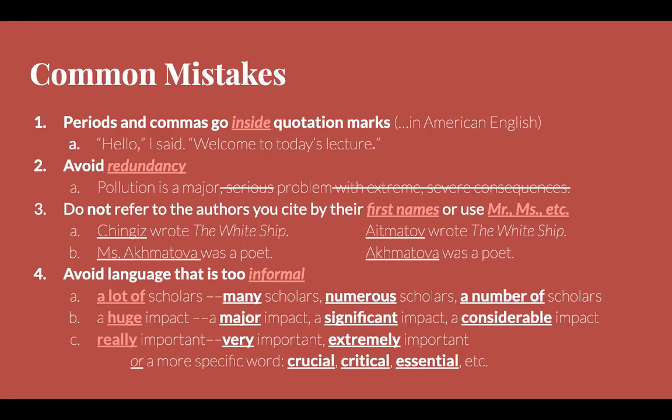Another option here is that we often have a more specific word to mean very something, right? So for very important, we have words like crucial, critical, essential, etc. For, let's say, very small, as in a very small percentage of people believe something, we have words like minuscule.